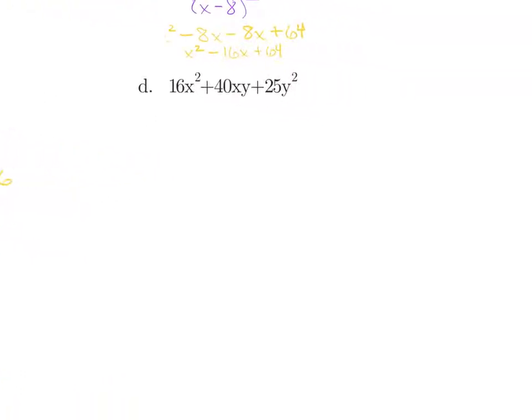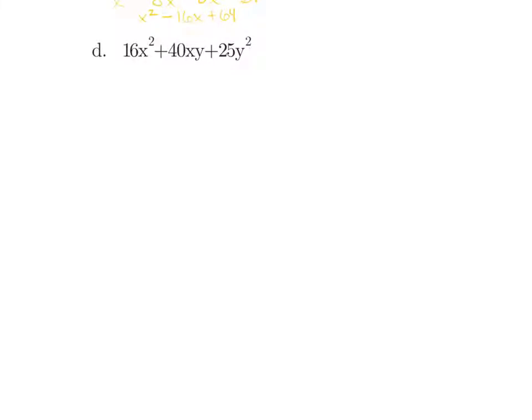Let's go ahead and look at example D now. Similarly to the last one, if you recognize that this is a perfect square trinomial, it's very easy. Note that 16 is a square, so is 25. So let's go ahead and just factor it as a perfect square trinomial.